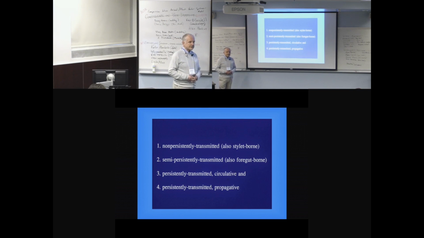Semi-persistent transmission, the virus actually moves to the foregut of the insect. It doesn't go any further, and it may get regurgitated from the foregut. And then we come to the persistent transmission classes, the first of which is circulative, which means that when the virus is acquired, it's able to go from the stylet to the various guts within the insect, and then to pass to the hemolymph and then be recirculated back to the feeding parts, so that it can then re-inoculate a plant.